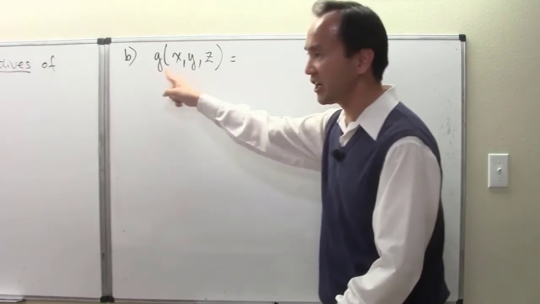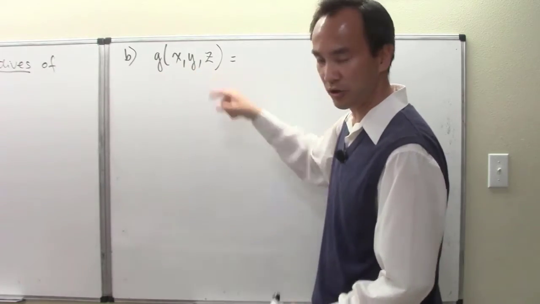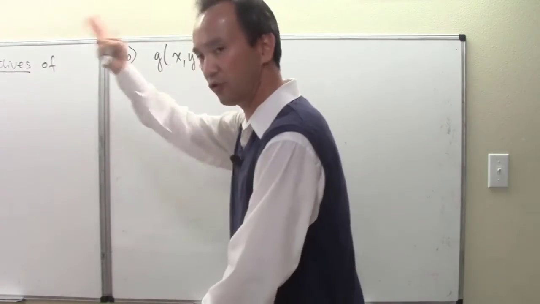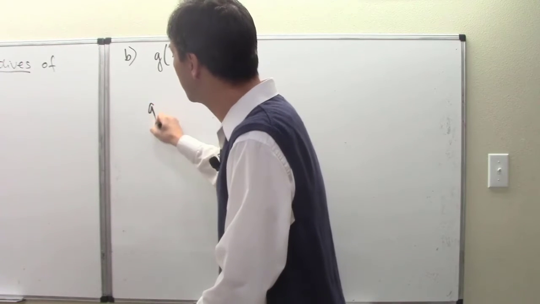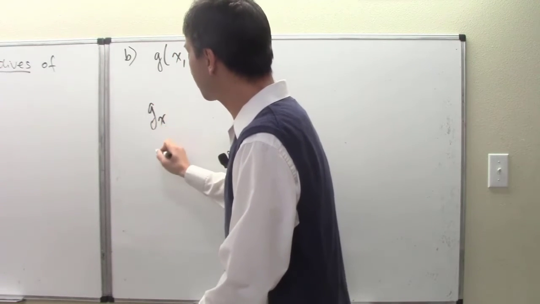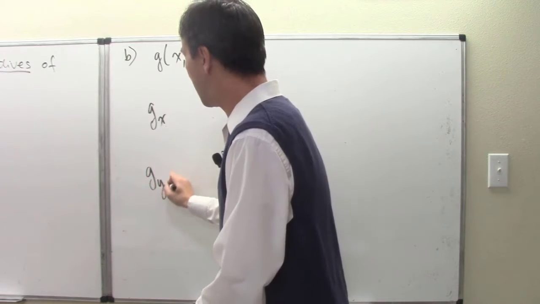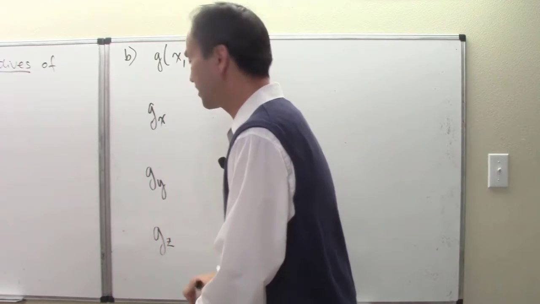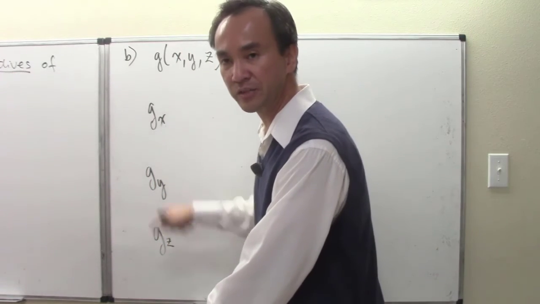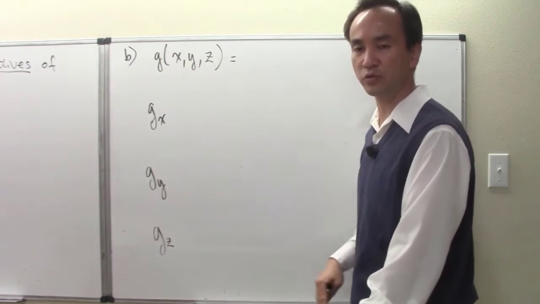This function g I'm about to write down has 3 variables, so I expect ahead of time that we will find g sub x, g sub y, and g sub z. We're going to have 3 partial derivatives for this function because it's got 3 variables.